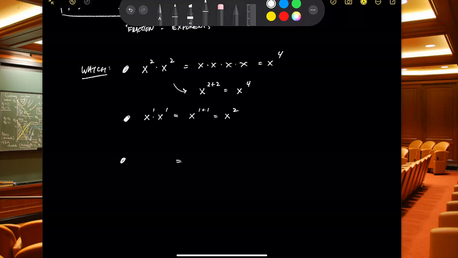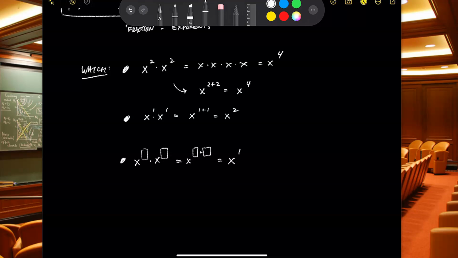But here's a question. What if I ended up with x to the 1st and I added, I don't want to make that a 0, let's make it a box, two exponents together to get 1?